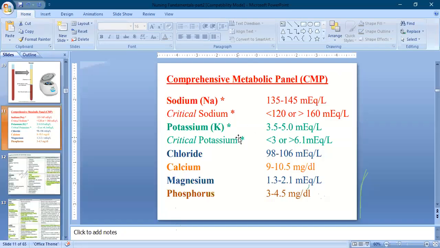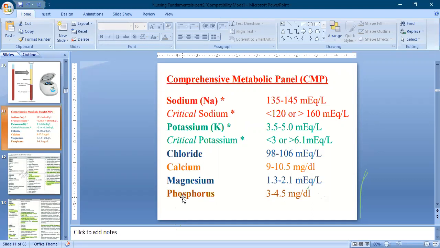So now we are going to talk about the metabolic panel. These are the important electrolytes in the body: sodium, potassium, calcium, magnesium, and phosphorus.